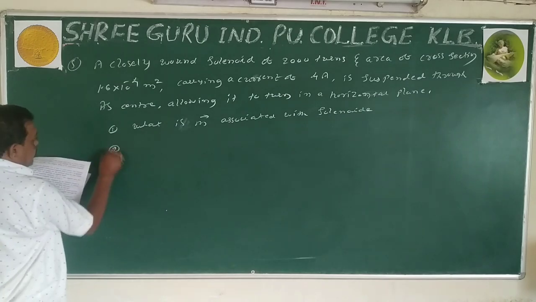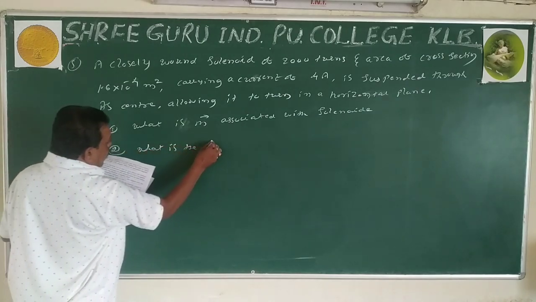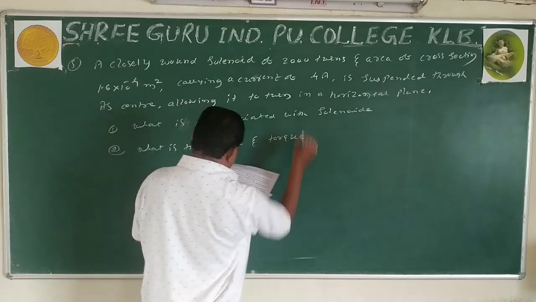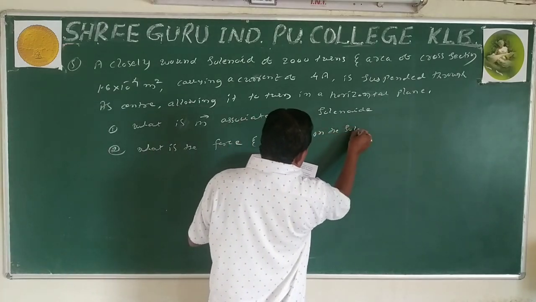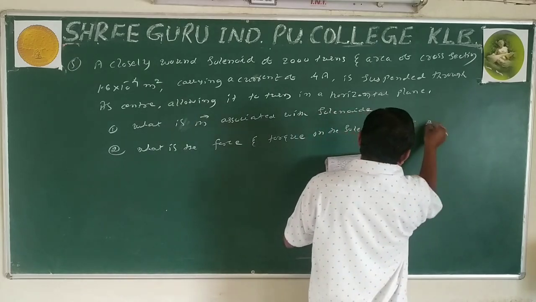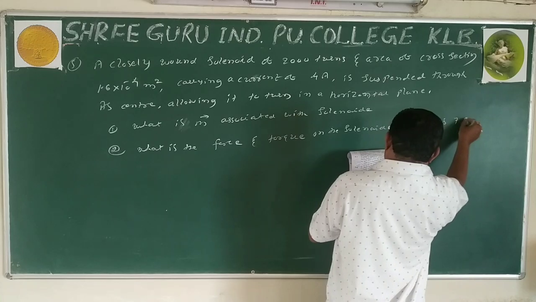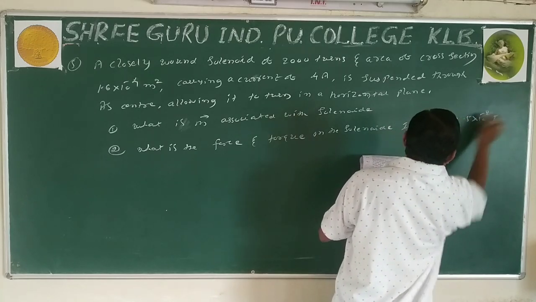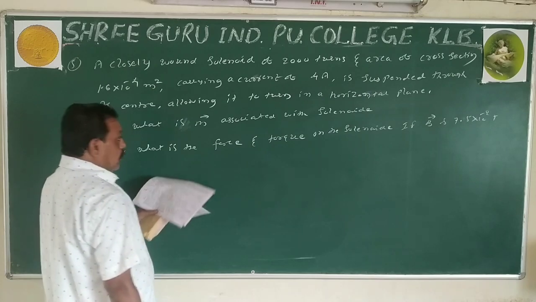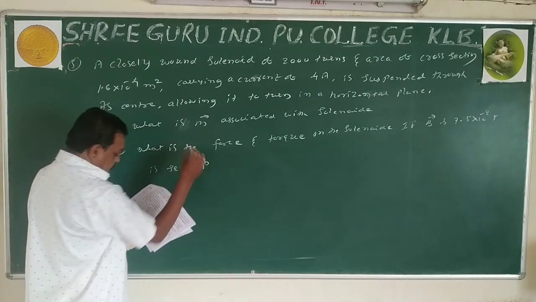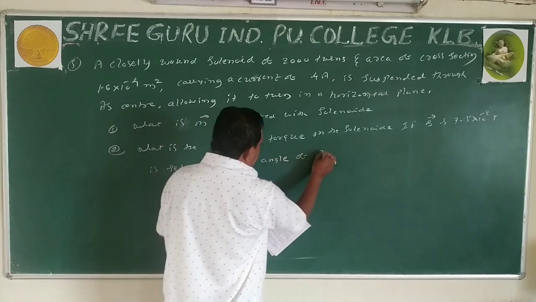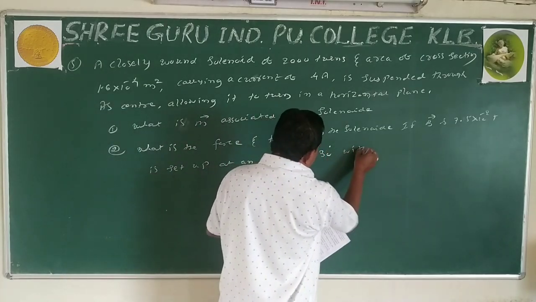Second one, what is the force and torque on the solenoid if the magnetic field is 7.5 into 10 to the power of minus 2 Tesla, is set up at an angle of 30 degree with the axis of the solenoid.